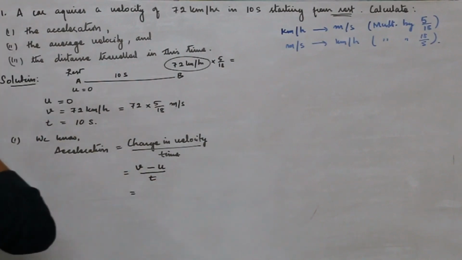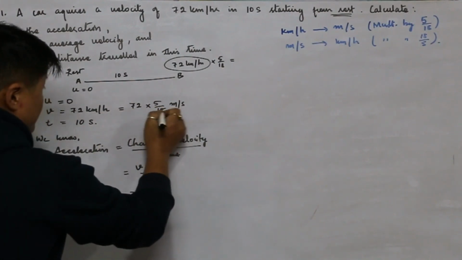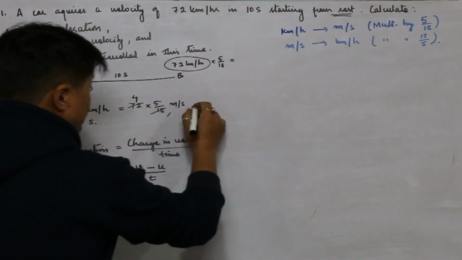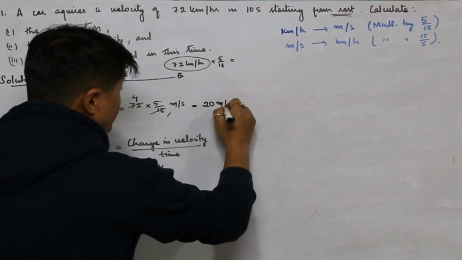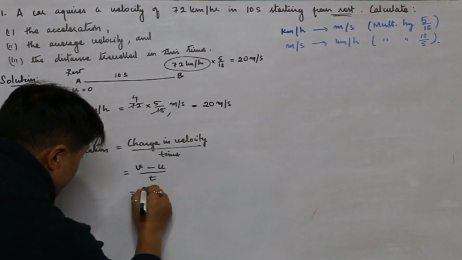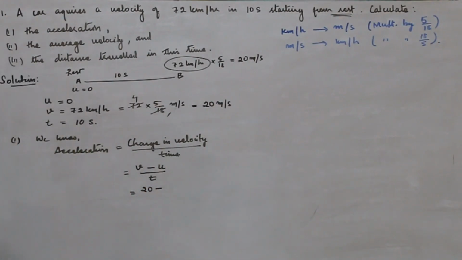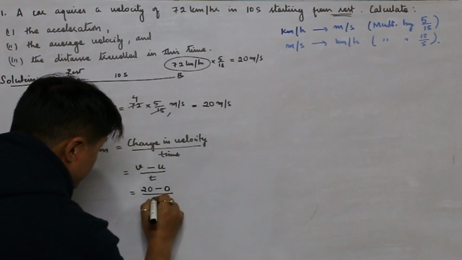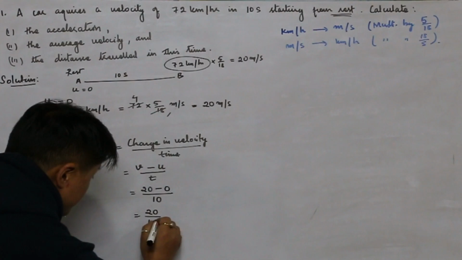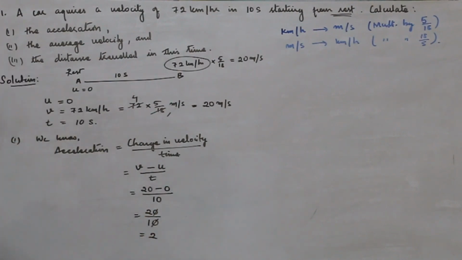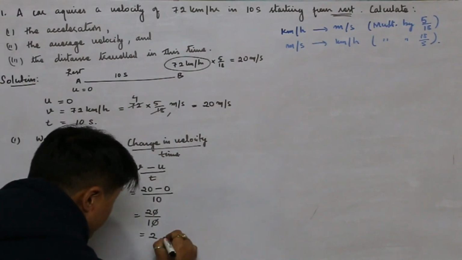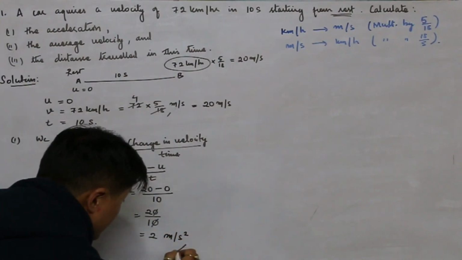What is the final velocity? 18 ones are 18, 18 fours are 72, 5 fours are 20, so it is 20 meter per second. Minus initial velocity 0, time is 10 seconds. This will be 20 upon 10, zeros cancel, 2. Since we have changed all the units, acceleration will be 2 meter per second square.